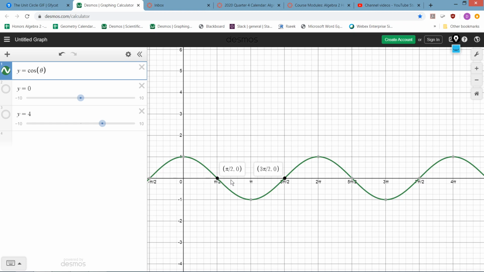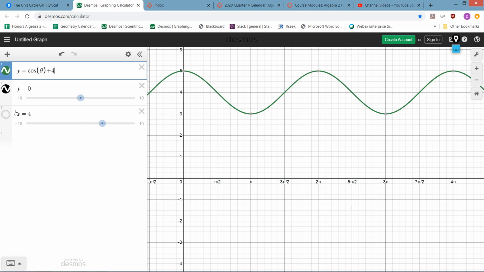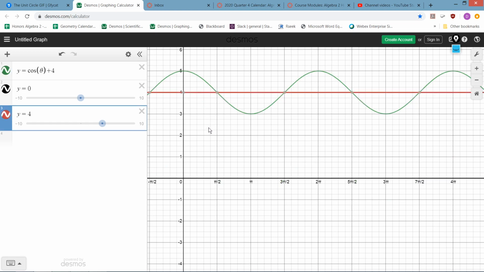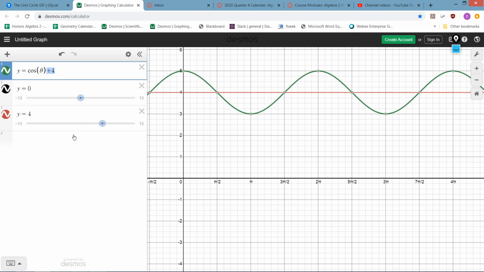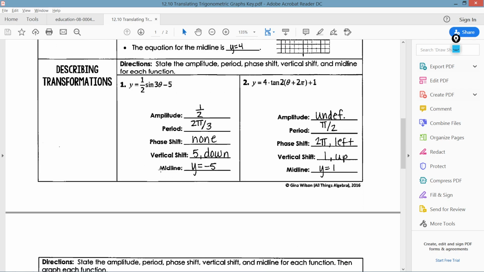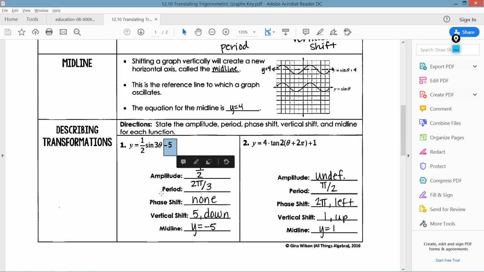Naturally it's at y = 0, right here, like I showed you. So if I move this up 4, where's my new midline? It's at y = 4. So in other words, the equation of the midline is the same as the k value. So you can see here, this is -5, therefore my midline is y = -5.